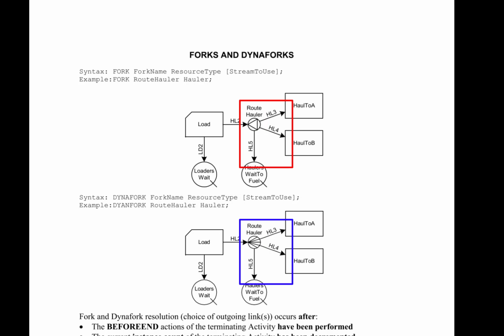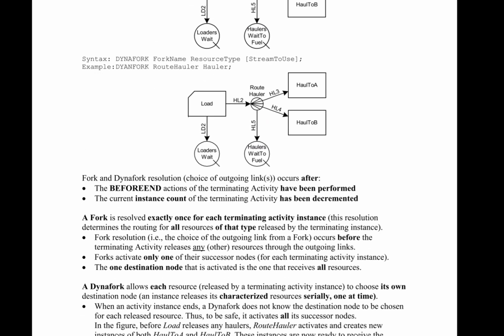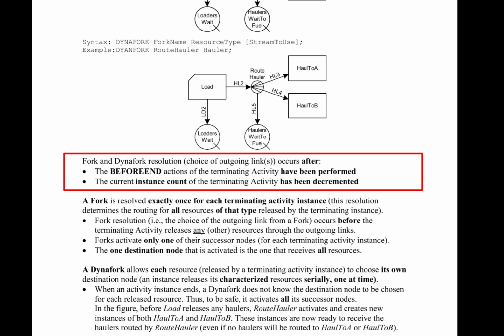The choice of outgoing links out of a fork or a Dynafork is called the resolution of the node. The resolution of a fork or a Dynafork occurs after the before-end actions of the terminating activity have been performed and after the current instance count of the terminating activity has been decremented.